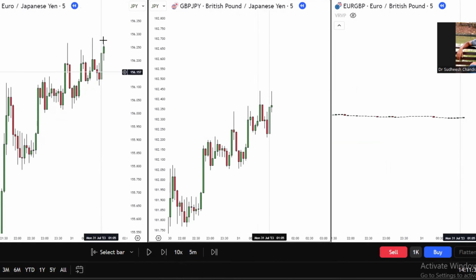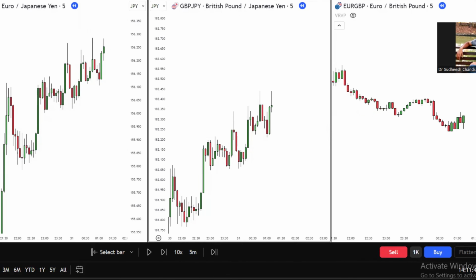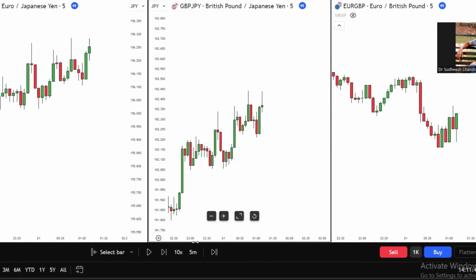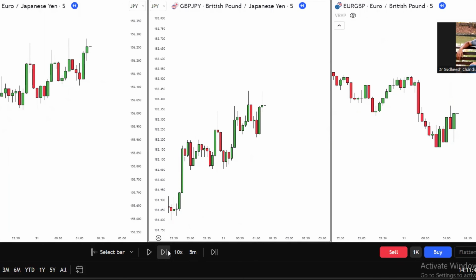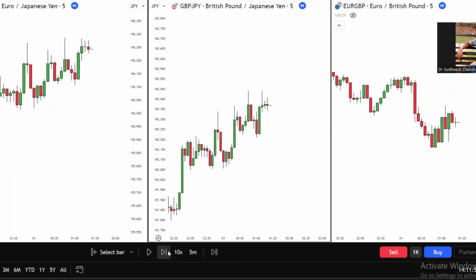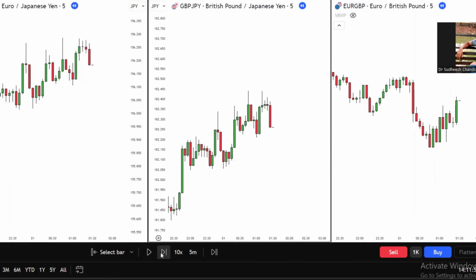Looks like this is also showing strength. Well, let's just see. Let's just look at what's happening. I still want price to close over this, but price didn't.